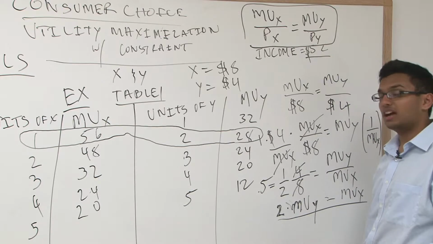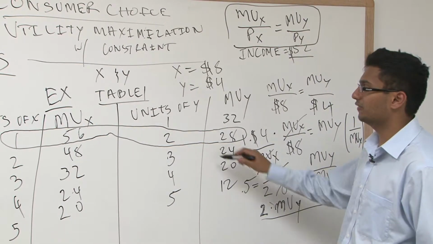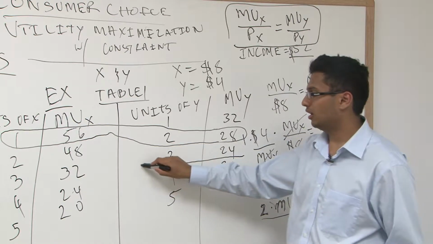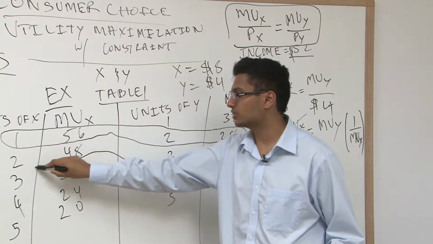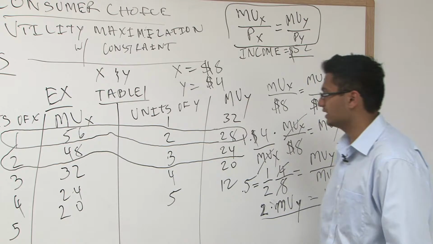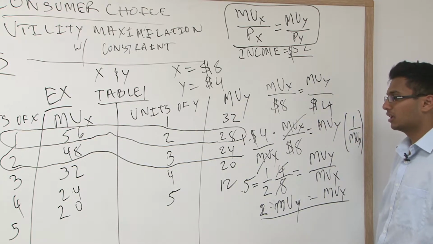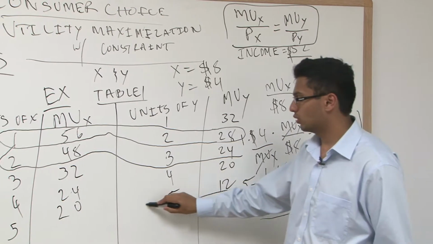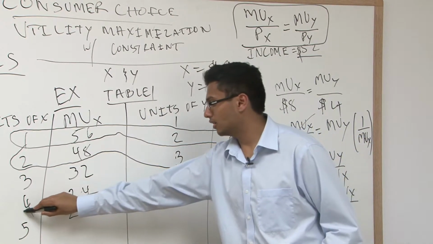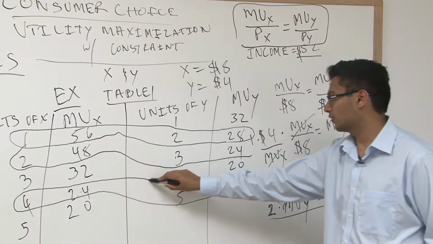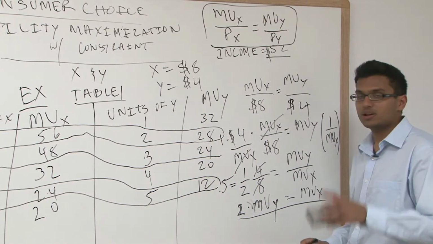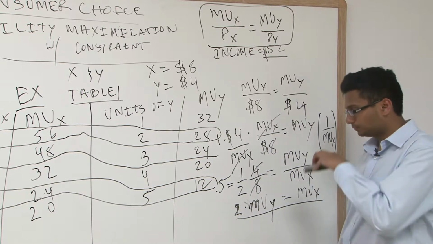The other one I do see also is 24 times 2 is 48, so 3 units of y with 2 units of x. I see that as a match as well. The last one that I see is 5 units of y with 4 units of x, rather. So I see 3 possible combinations.